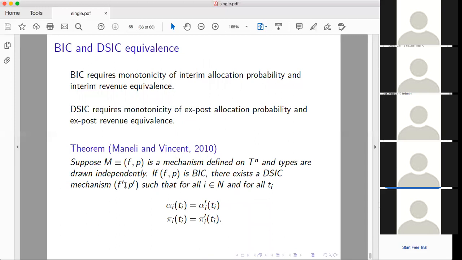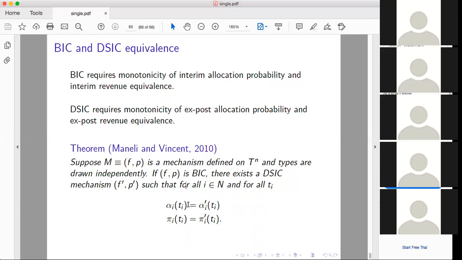They showed that if you have a mechanism which is Bayesian incentive compatible, there exists another mechanism, and that mechanism can be very different, F prime P prime, but it will be a DSIC mechanism. And importantly, the interim allocation probabilities of each agent and interim payments of each agent across these two mechanisms are the same.